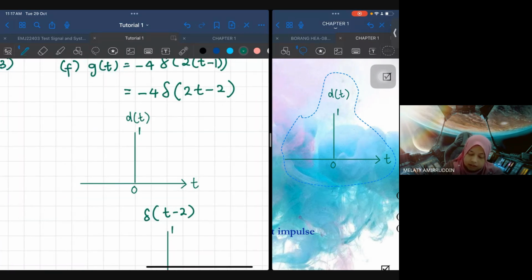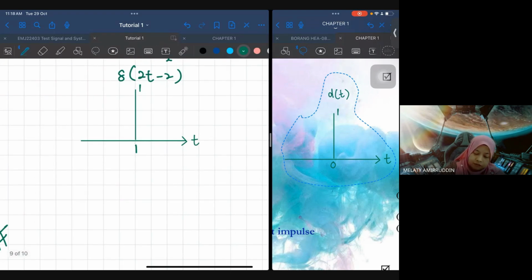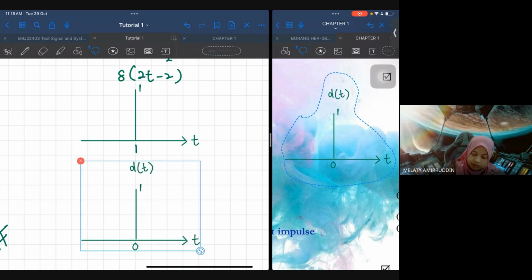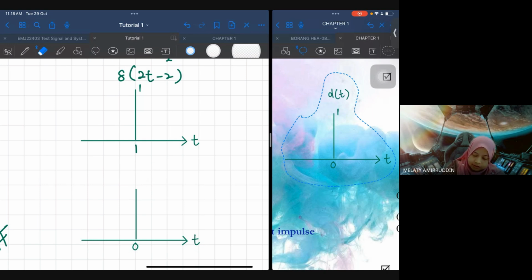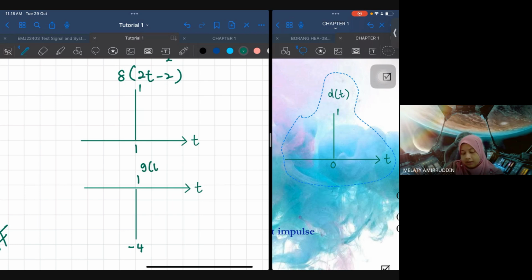And then the amplitude times -4, meaning the amplitude reflection times -4. Times -4 becomes -4. Okay, this is the final one, g(t).